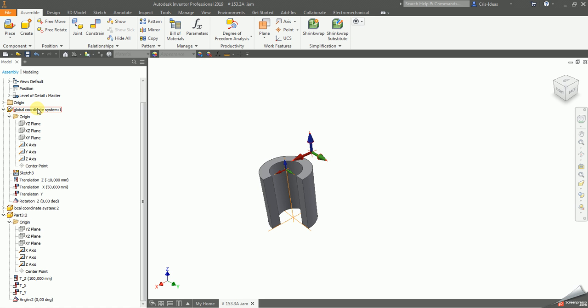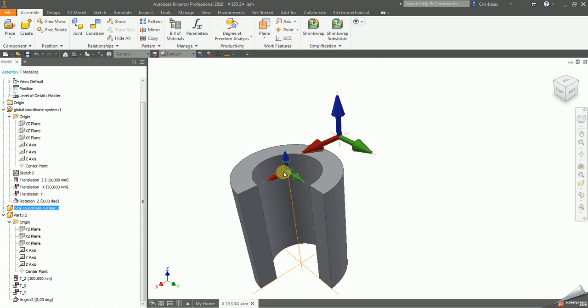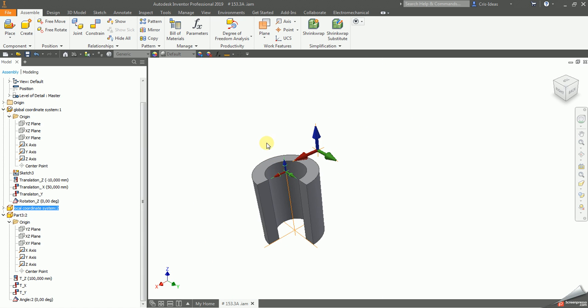So we have three components: the global coordinate system, which is a stationary reference for us to see what is happening, and this small triad here, which indicates a local coordinate system, some element that is constrained with the master.